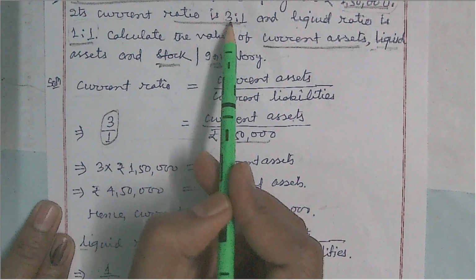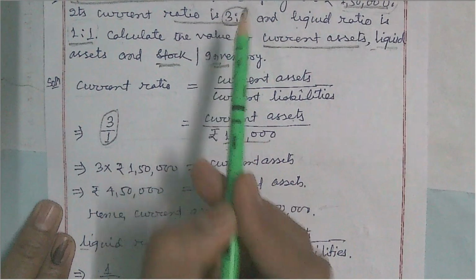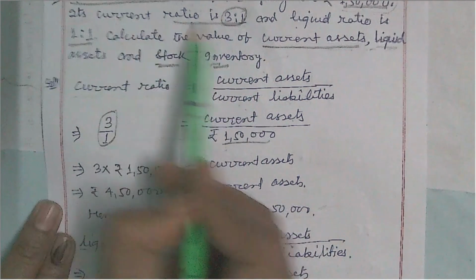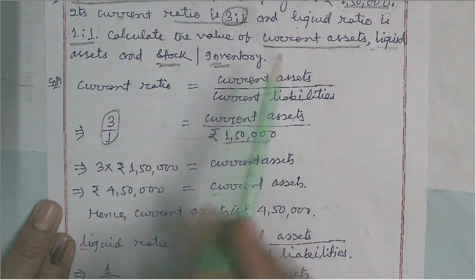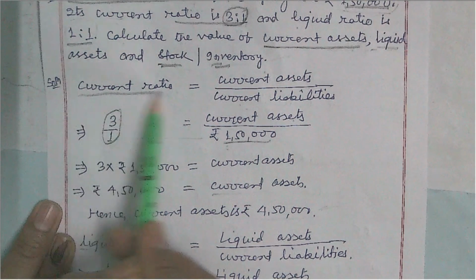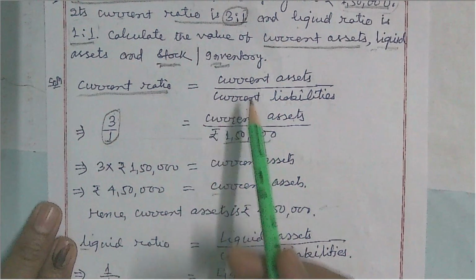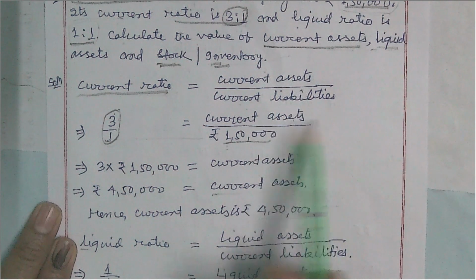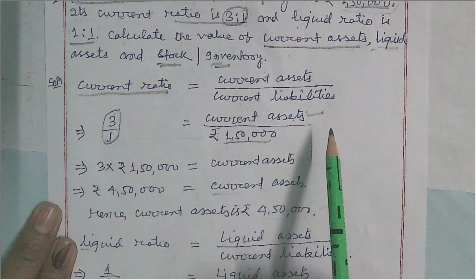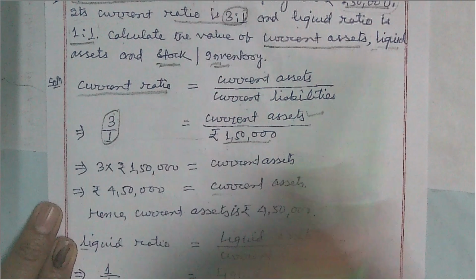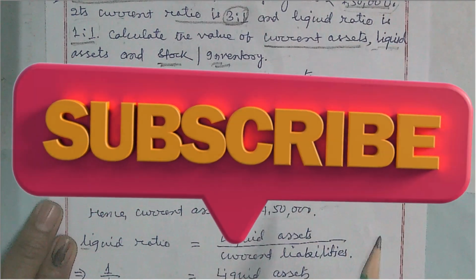Now the ratio given is 3:1, this is the current ratio. If current ratio is 3:1, the 3:1 means current ratio is 3/1. The formula is current assets by current liabilities. Here current assets is to be calculated, and current liability is given as 1,50,000 in the question.